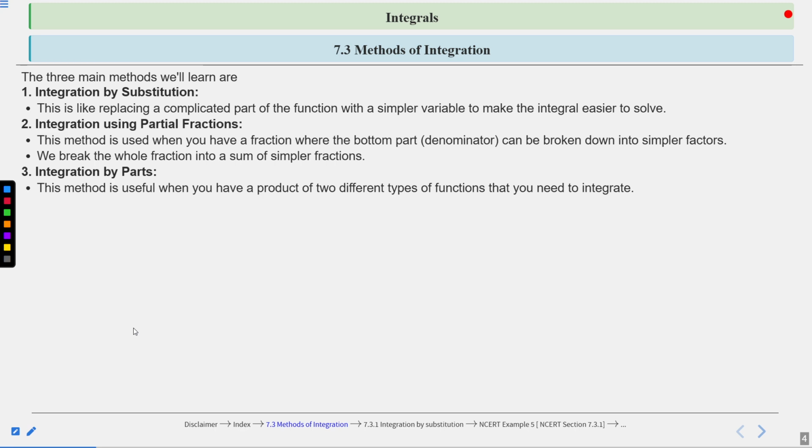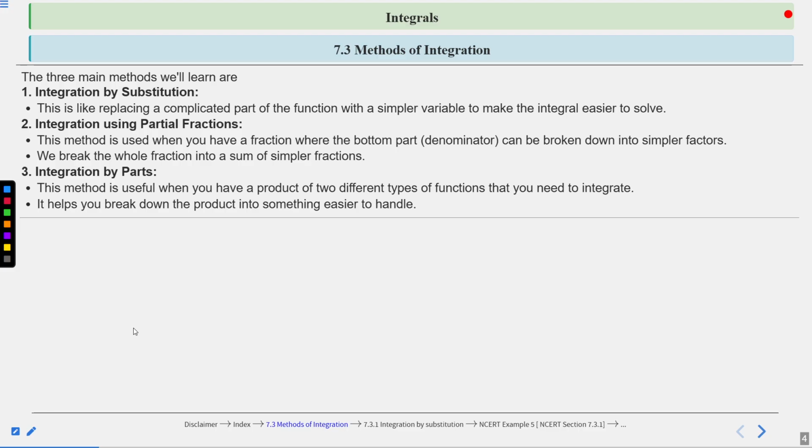It helps you break down the product into something easier to handle, so that we can easily solve the given integration, right?